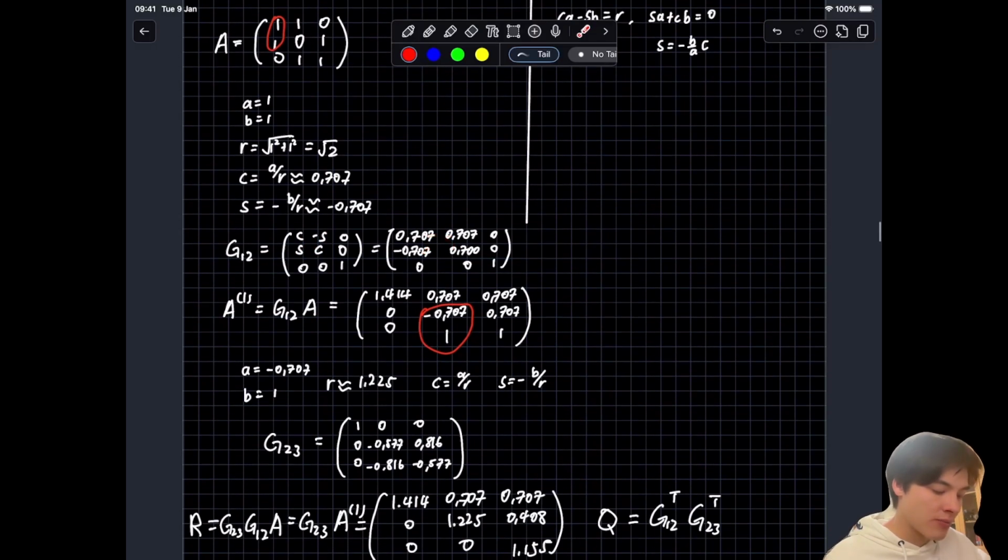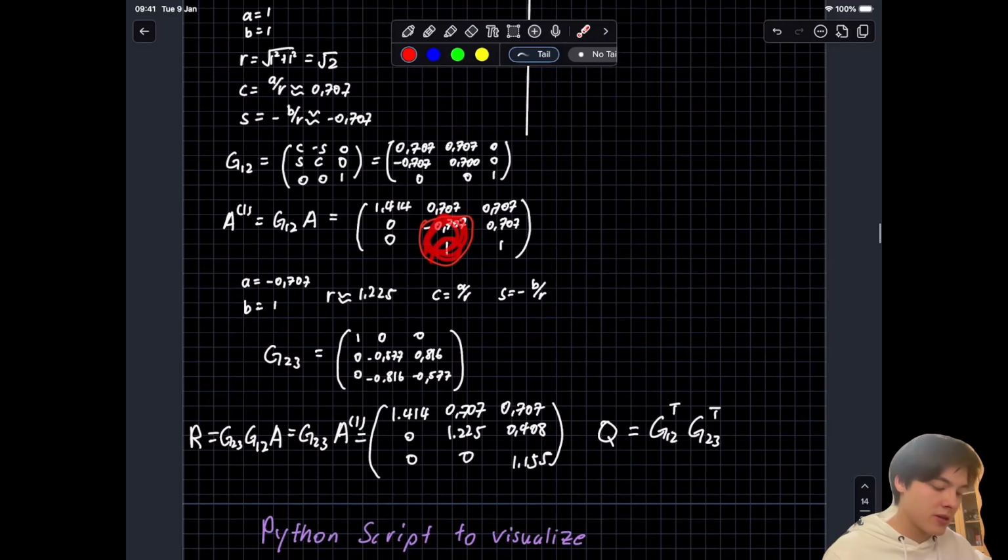And then when we apply that to A, we see that here it also gets 0 out, and here we get square root of 2. And then this is our A1. Next we look at the next thing we want to 0 out, this one. If we have 3 things here, we could do one rotation to 0 out this one, and then one rotation for this and this row.